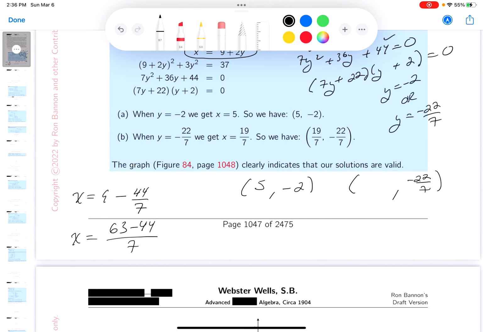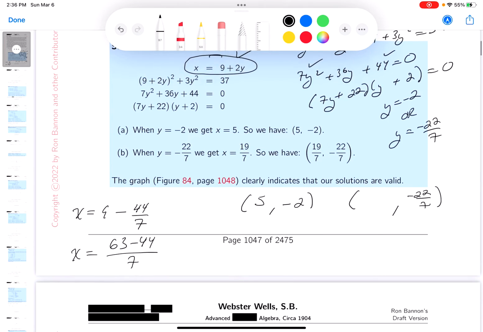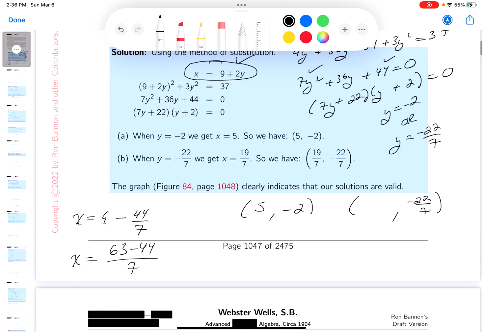Let me see if I made a mistake there. 9 plus 2y, minus 44 sevenths, 63 minus 44. Let's take a look at that. 19. Let me write that down. Okay, time to get your red pen out. Did you get those points? I got this point here, and I got this point over here.